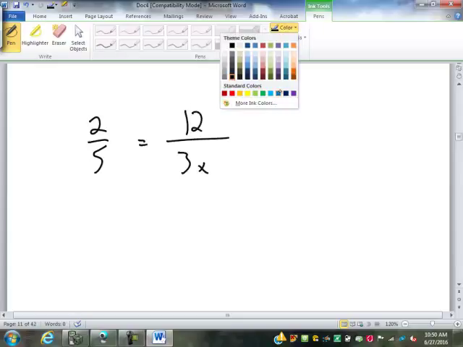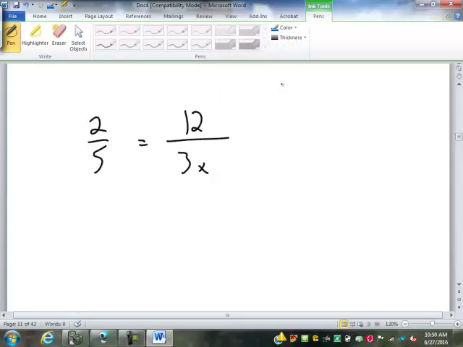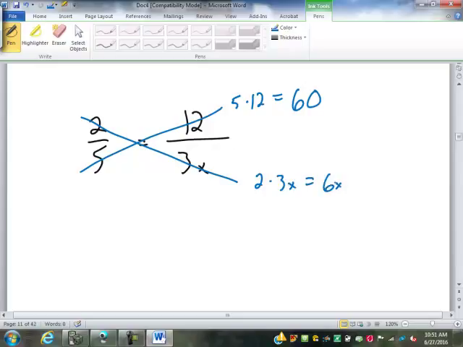How about this one? This one we cannot just cross multiply and divide, can we? But we can do what I just showed you, just simply cross multiply. So going on this diagonal, we have 5 times 12, which is what? 60. Good. On this diagonal, we have 2 times 3x, which is 6x.